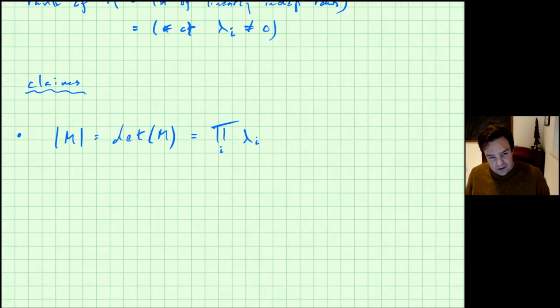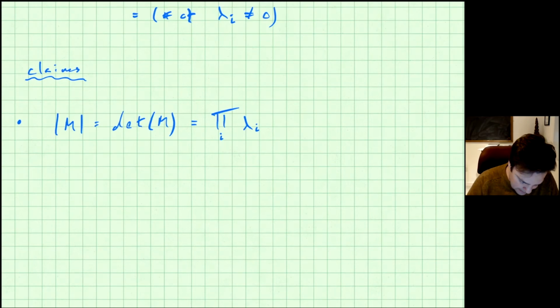It turns out that the determinant can also be computed as just the product of the eigenvalues. So you can see right away, if there's an eigenvalue which is 0, you're going to get a 0 determinant, which means that there's no inverse for the matrix.